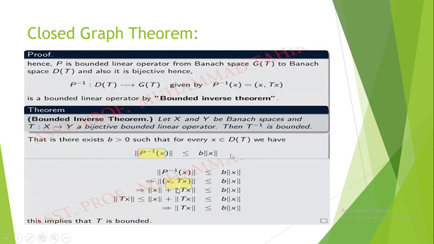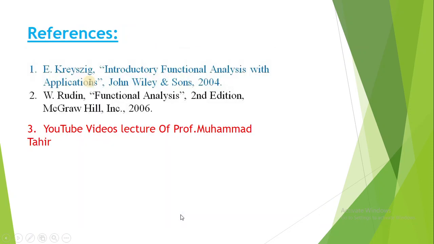We defined this earlier, so here we have no confusion. If we only write this, here we have another inequality. So from this we can say that the image Tx is bounded. So this implies the operator T is bounded, hence we are done.